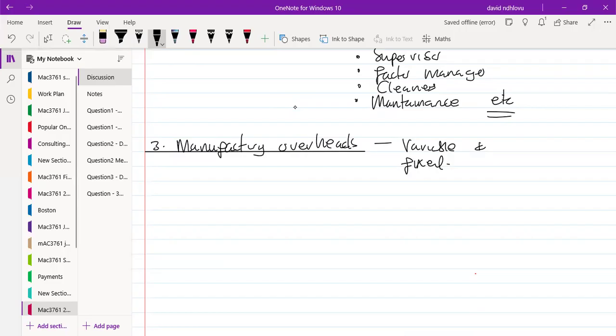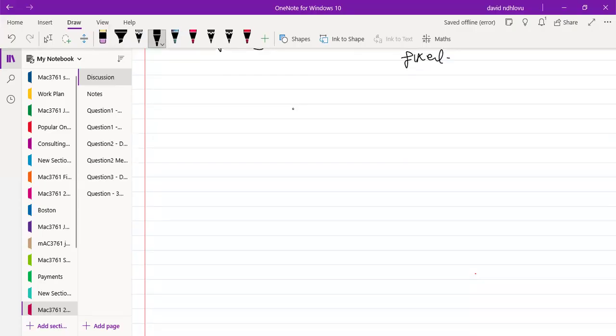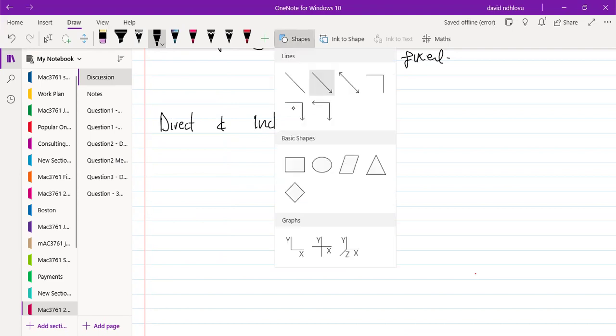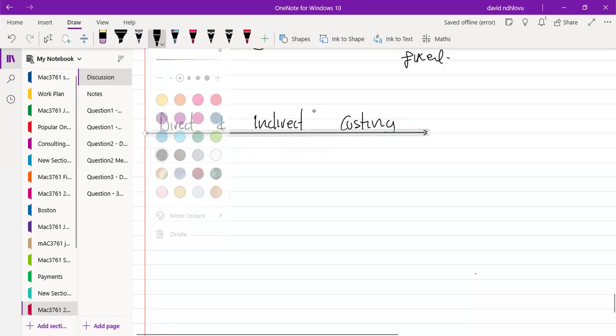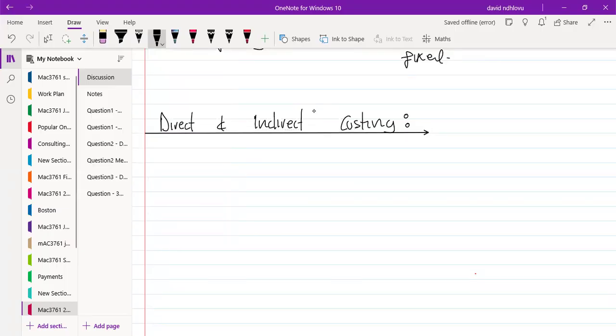Next we are going to be looking at a topic, direct and indirect costing. This is an important topic. You can never write a costing exam without an element of direct and indirect costing. It's impossible. I would say, besides the theoretical background to the module, this is the most important topic.